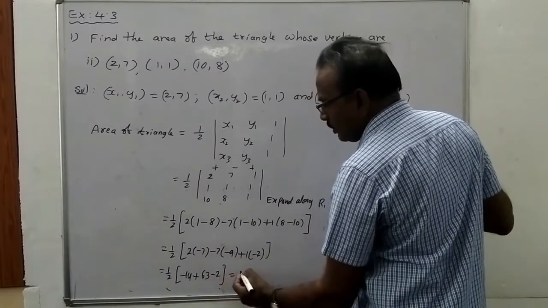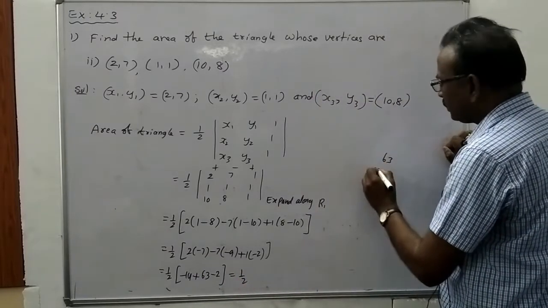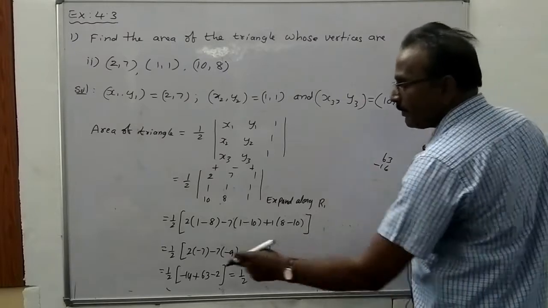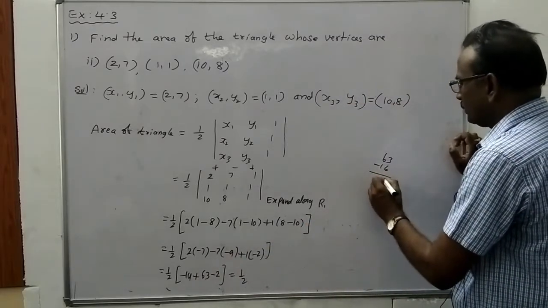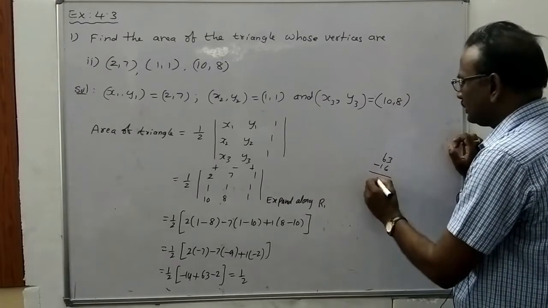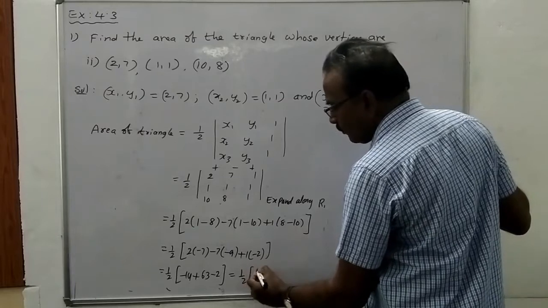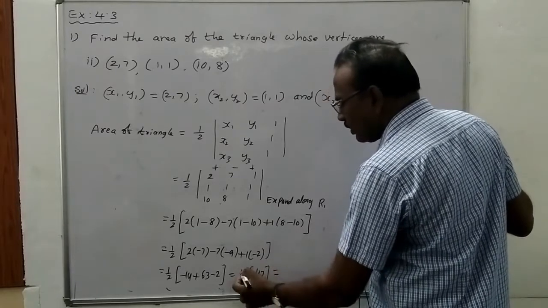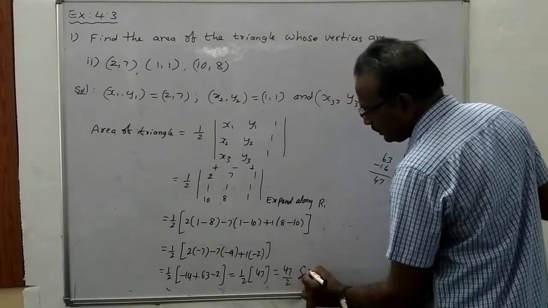That is half into 63 minus 16, so 63 minus 14 minus 2 is 47. Half into 47, so the area is 47 by 2 square units.